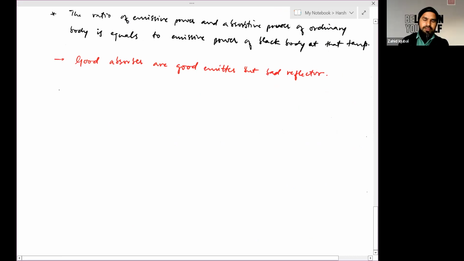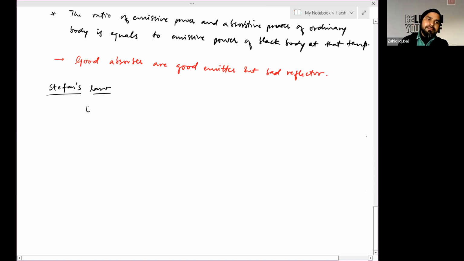Now, to define calculations related to this part, let me define another concept, that is Stefan's law. According to Prevost's hypothesis, a hot body will emit and absorb radiation at all times. But how much energy it will radiate or absorb is defined by Stefan's law.